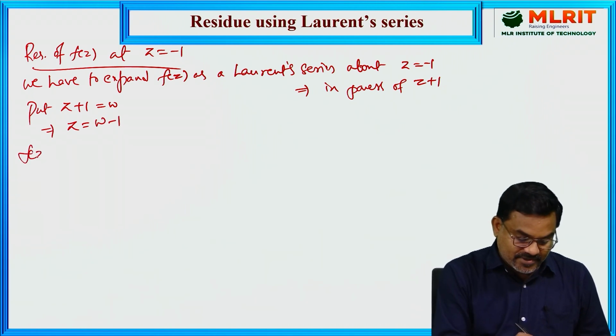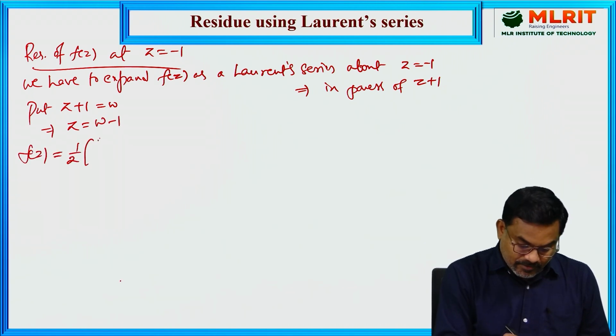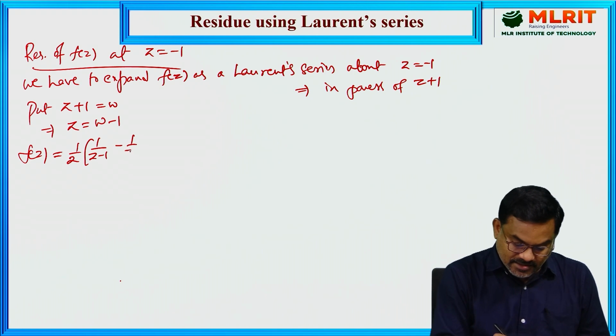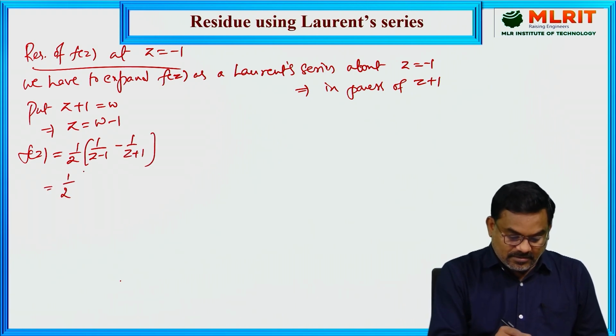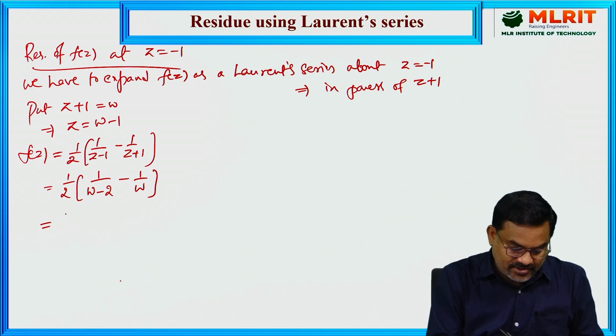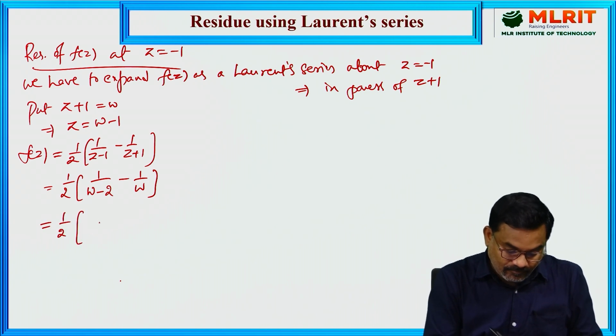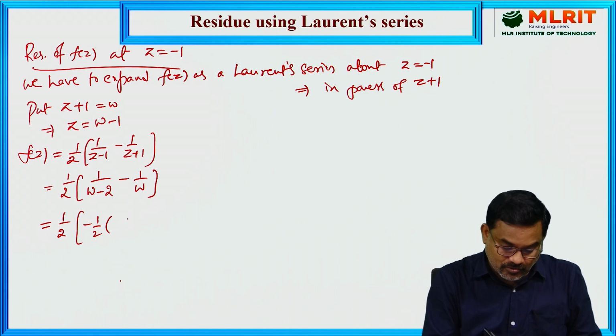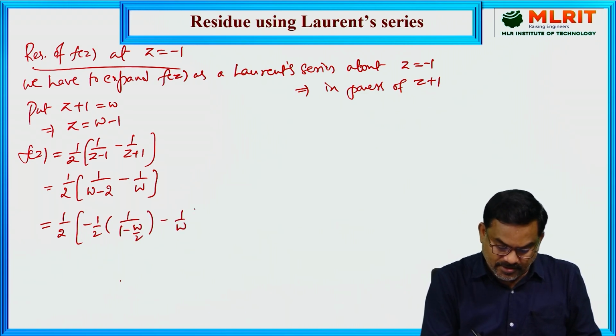Now f of z is 1 by 2 into 1 by z minus 1 minus 1 by z plus 1. Now z is w minus 1, so w minus 2 minus 1 by w. Here we can take minus 1 by 2 common, so that 1 minus w by 2 minus 1 by w.